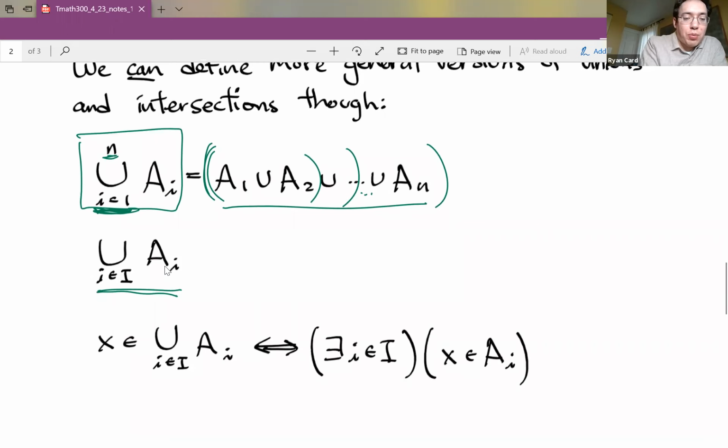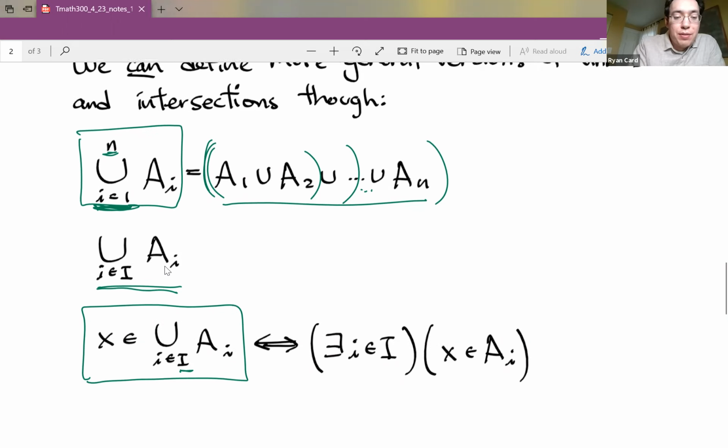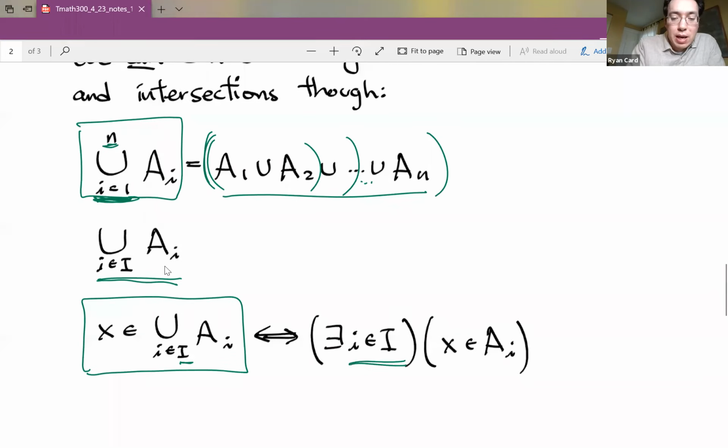We say that x belongs to this union of A_i for i in some index set I, if there exists an index i in the index set such that x belongs to that set. So if you can find at least one set that contains x, then it's contained in the entire union. Union is kind of synonymous with the existential quantifier in this sense.